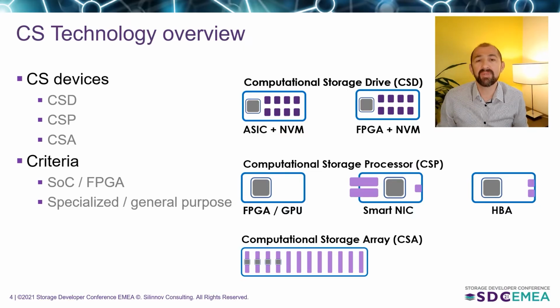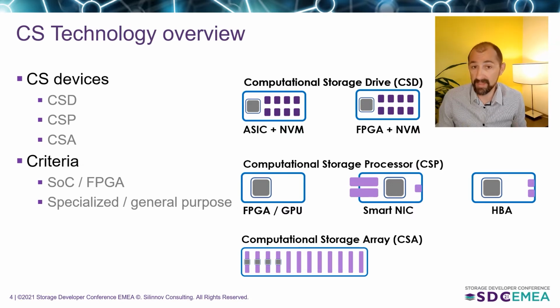Let's start this presentation today with a few definitions as a reminder. The Computational Storage Technical Working Group at SNIA defined three devices: CSD, CSP, and CSA. The CSD is a computational storage drive, a kind of SSD with computing capabilities inside.